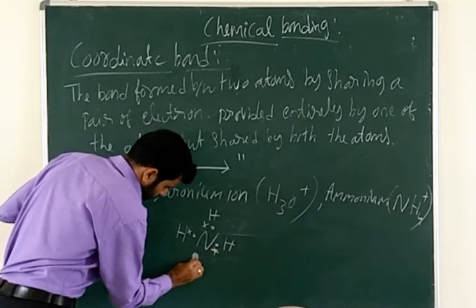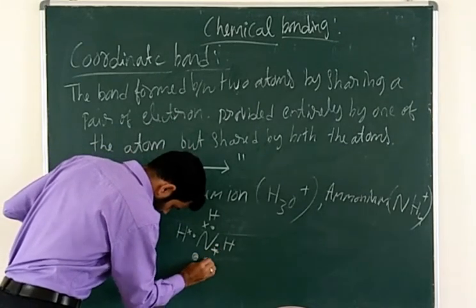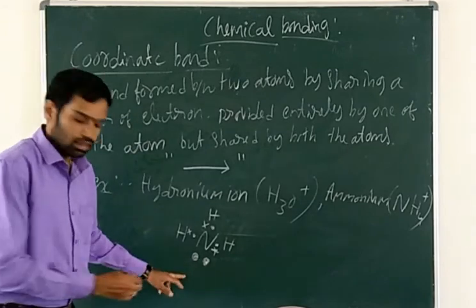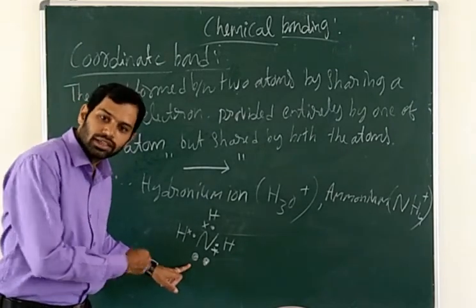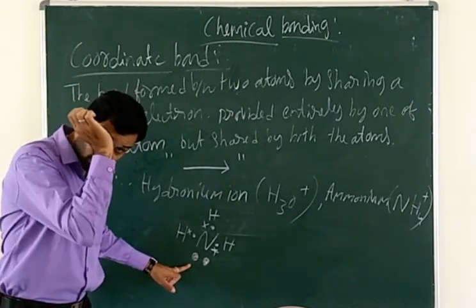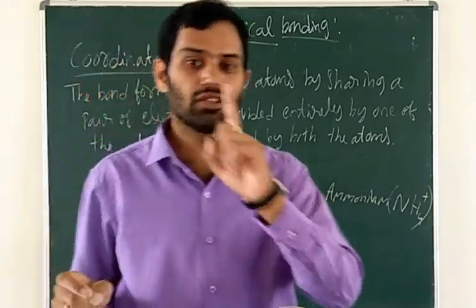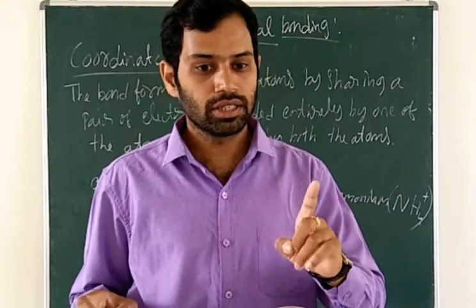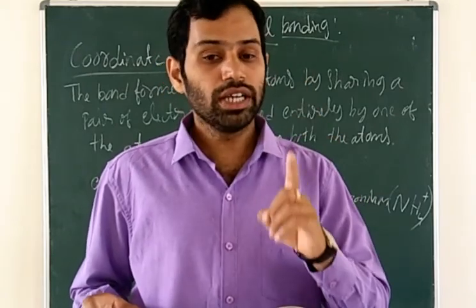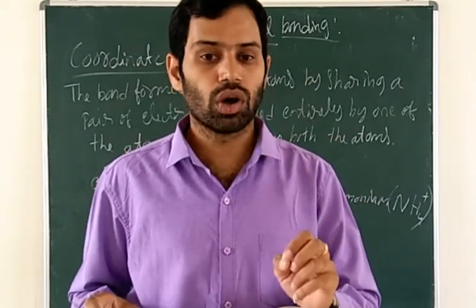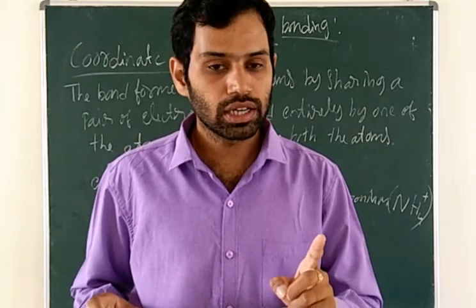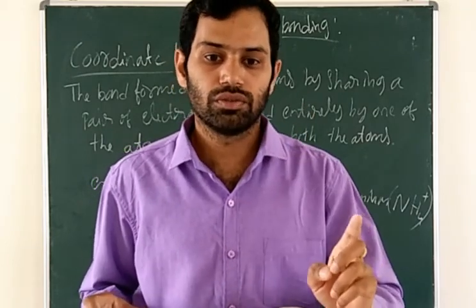The remaining pair is not involved in the bond formation, so that is a lone pair. So the first condition for the formation of coordinate bond is that one of the two atoms must have at least one lone pair of electrons.